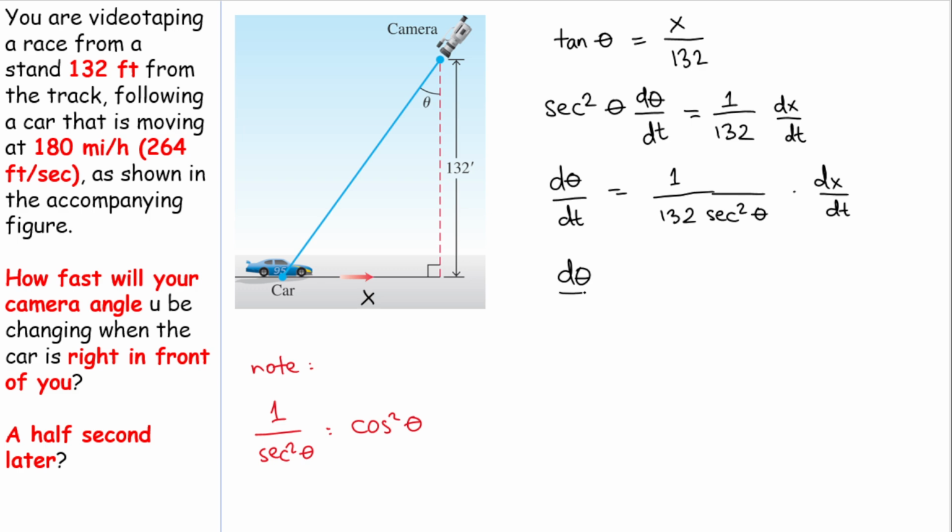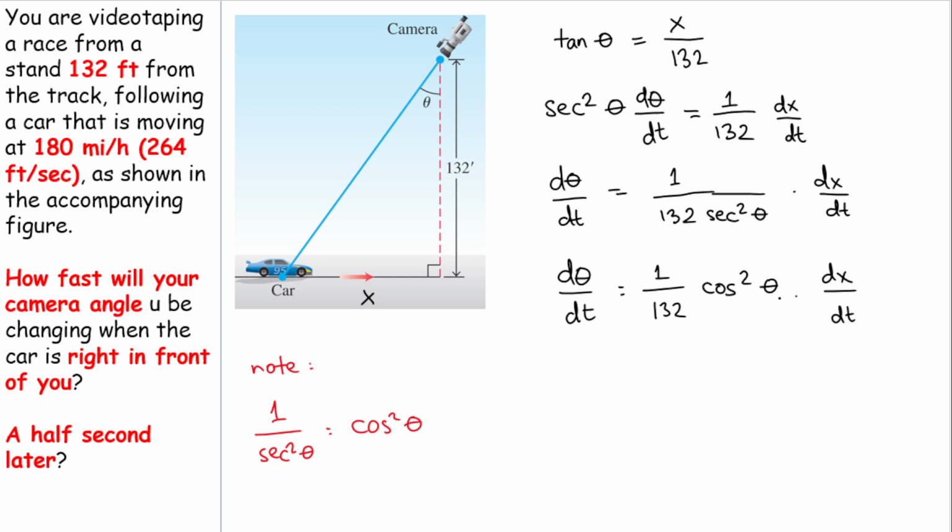I have d theta dt, and that will be 1 over 132, and then I will have cosine squared of theta, and then multiplied by dx dt.